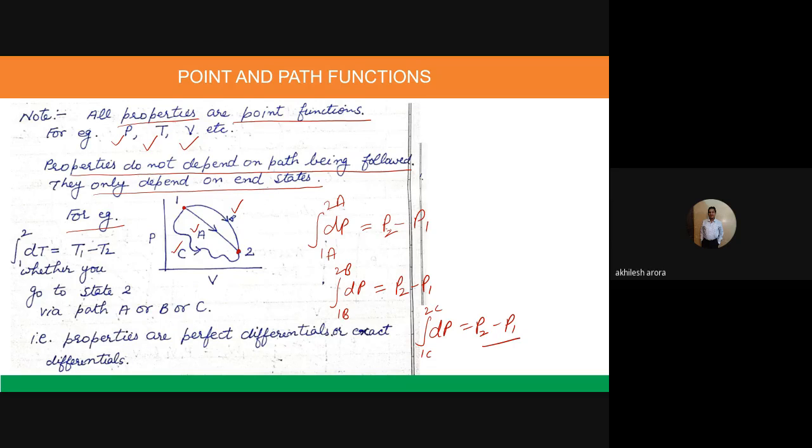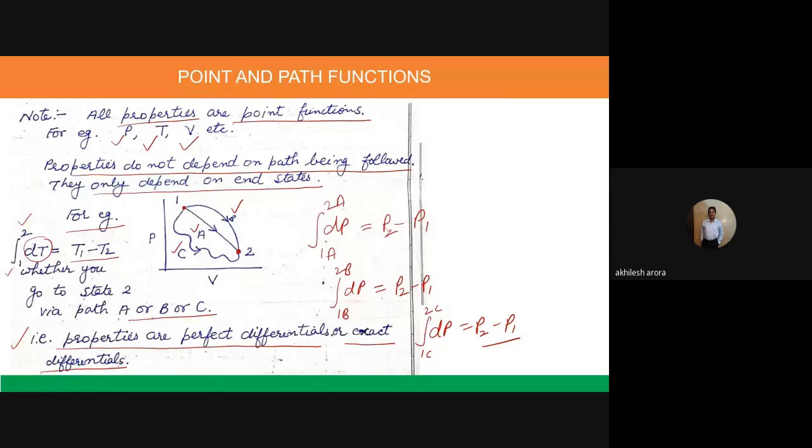For example, if I am integrating dT from 1 to 2, it will come out to be T2 minus T1. Whether you go along path A, B, or C, it is immaterial, so you need not worry. This is very important: properties are perfect differentials or exact differentials.